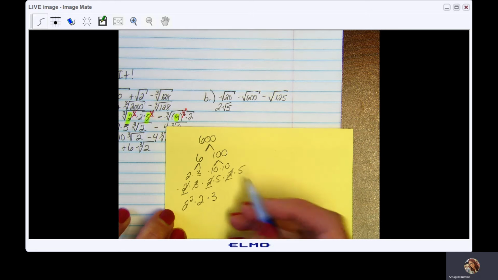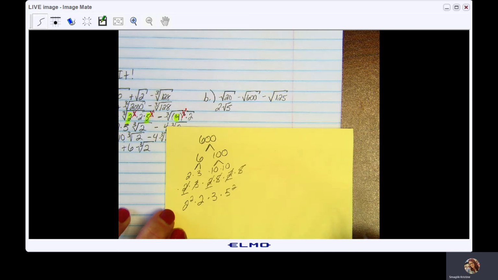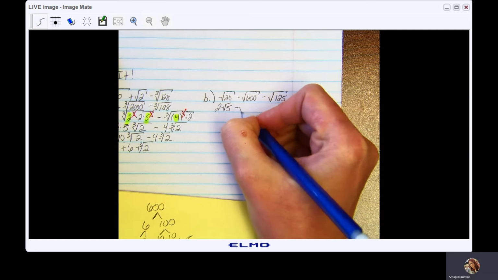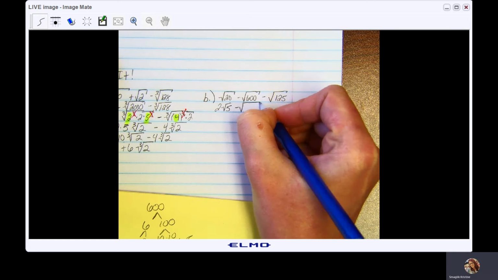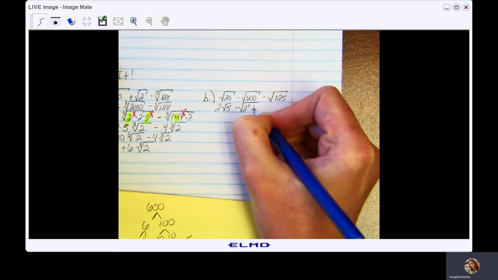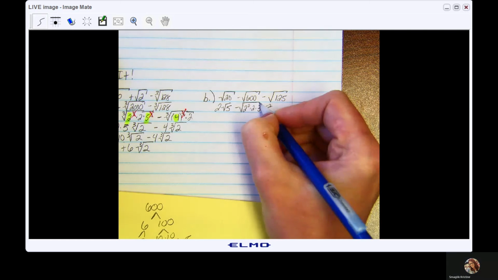And now I have 5 times 5, which is 5 squared. Again, that's a group of 2. I'm going to go ahead and write this underneath the radical: minus the square root of 2 squared times 2 times 3 times 5 squared.